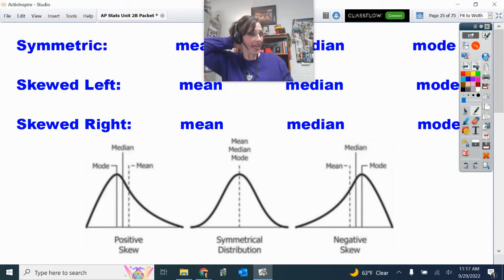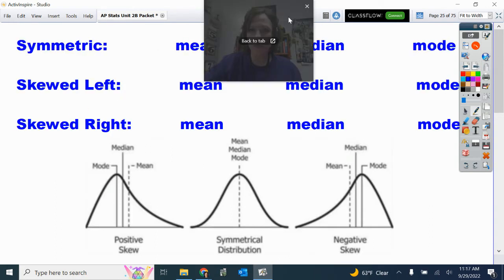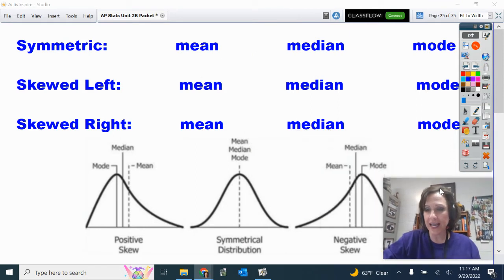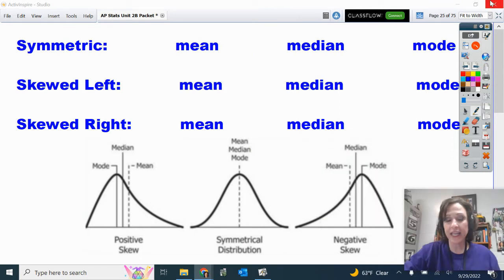Next, we did not get a chance to really talk about this very well in class yesterday, if at all. I don't even think we did. So I wanted to talk to you about the relationship between the value of the mean, the median, and the mode, and the shape's effect on that.